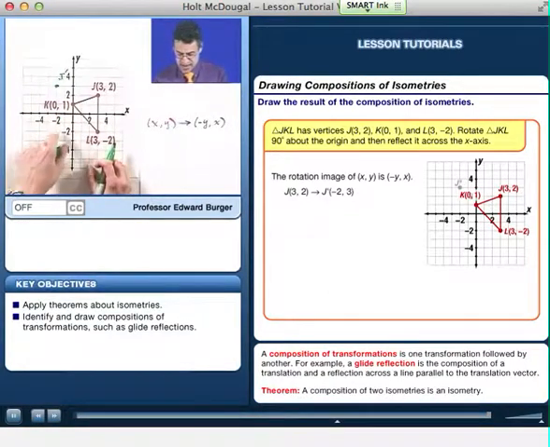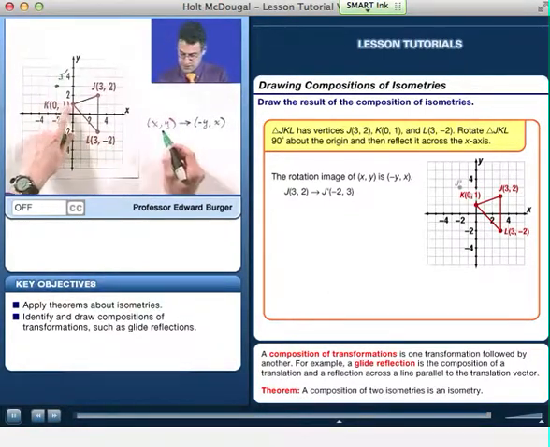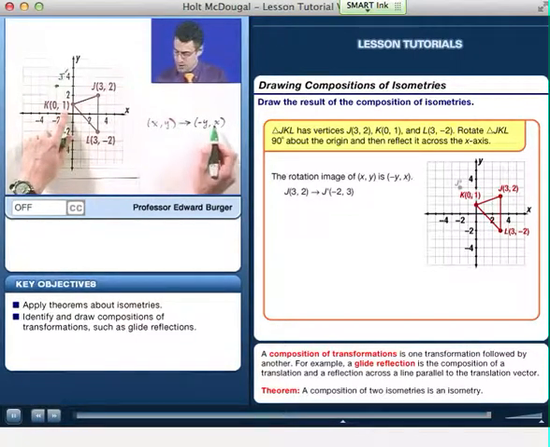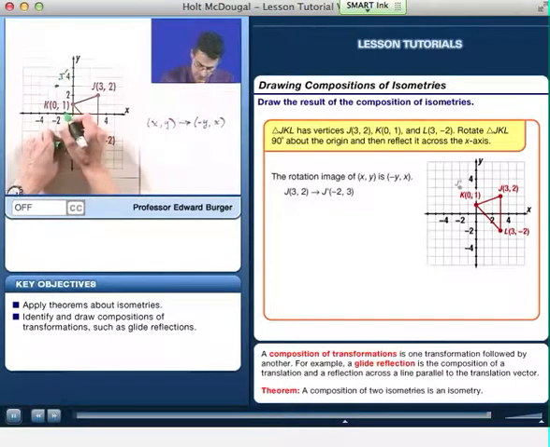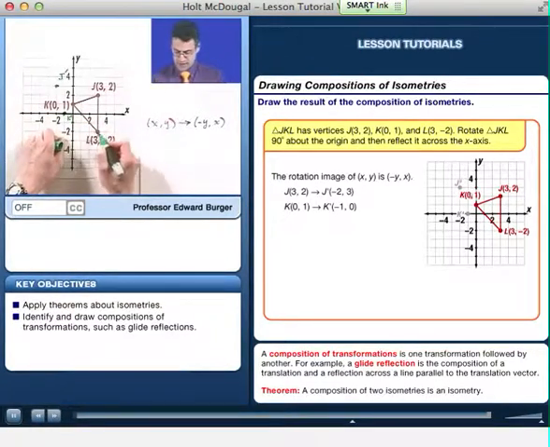Let's take a look at K, see where it gets mapped to. That's 0, 1, that would get mapped to negative 1, 0. So negative 1, 0, this point right here, I'm going to call that K prime. And finally, what about L?